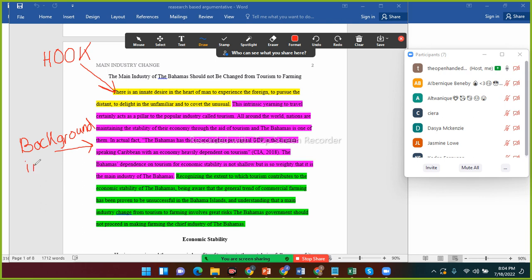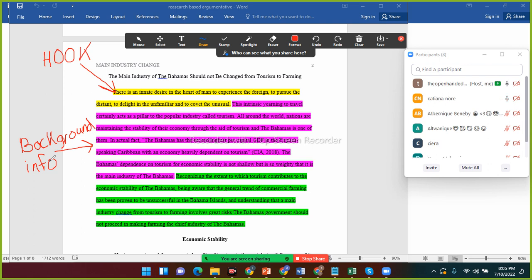I marked some essays, and they were generally better than what the persons did before, but still missing these pieces. Remember, when you write your introduction, it needs to have these three pieces: the hook, the background information, and the thesis statement.